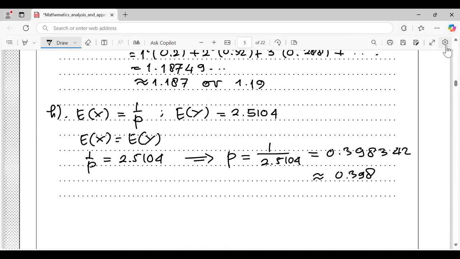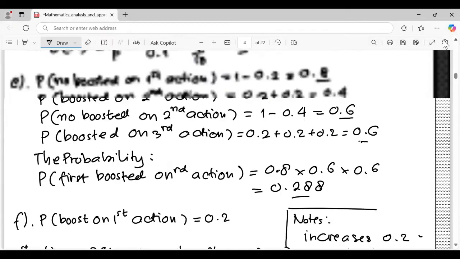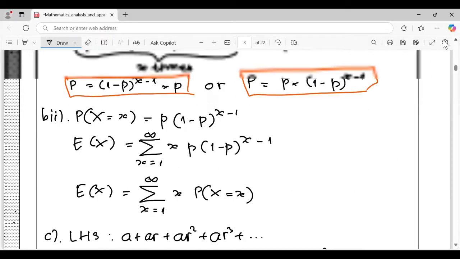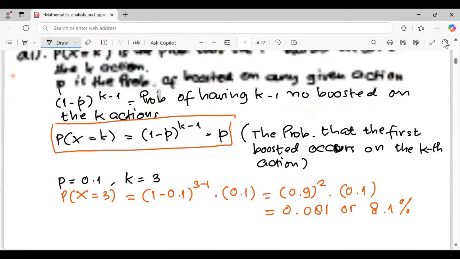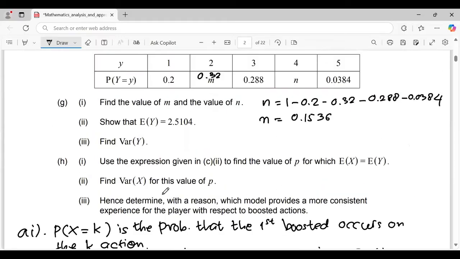Next, part 2. Find variance X for this value of p.